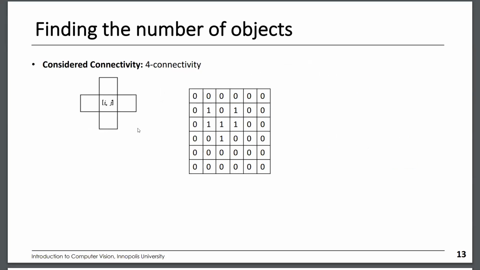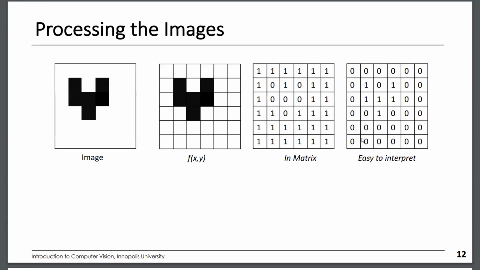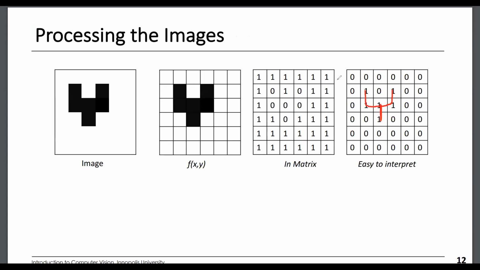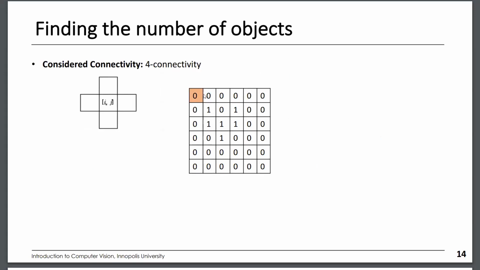So let's do it. We're using the 4 connectivity components. Wait a second, there is a 1 here, so it would look like this even with the 4 connected components, right? Yeah. So let's start applying it.